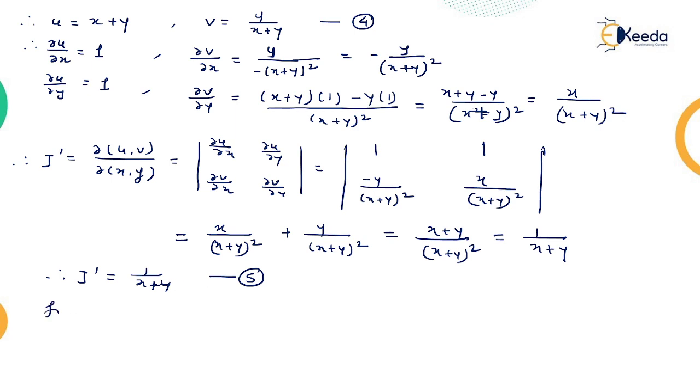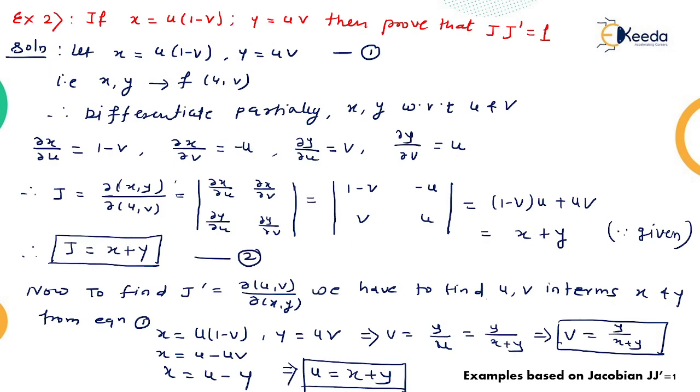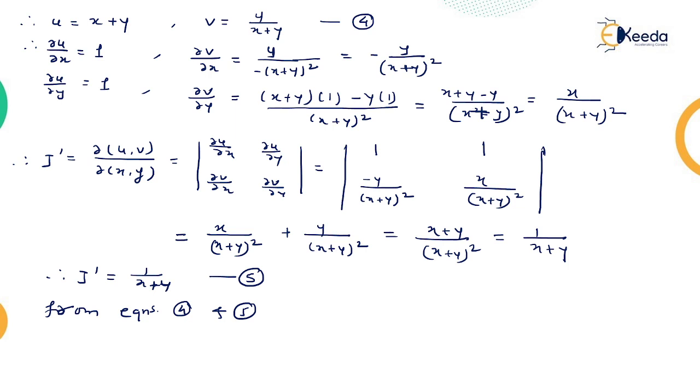So from equation 2 and 5, not 4, actually equation 3 and equation 2 and 5. So I am writing here equation 2 and 5.